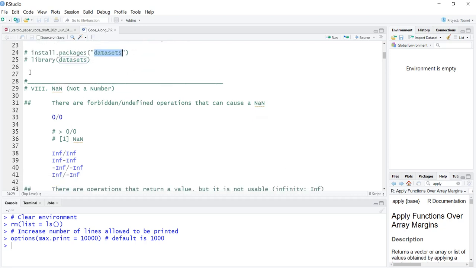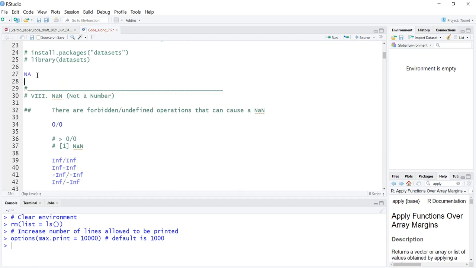So last time we talked about the missing values, which are called an NA, and you'll notice how blue they are. And now we're going to look at something called an NaN, capital N, little a, capital N. This is not a number, so that's what it stands for.